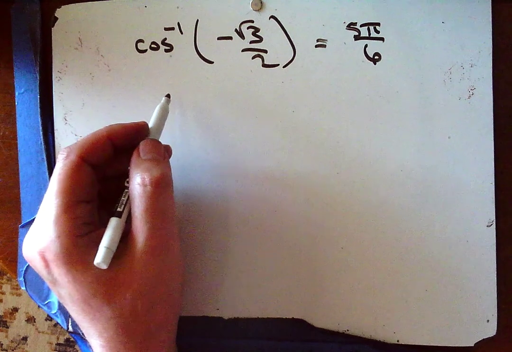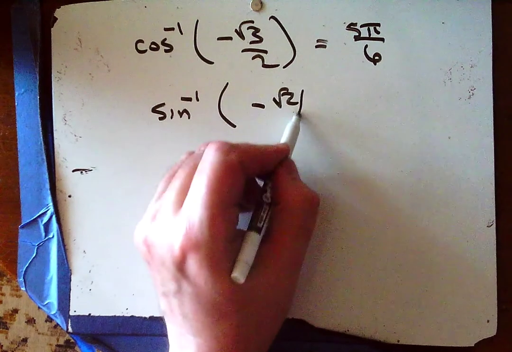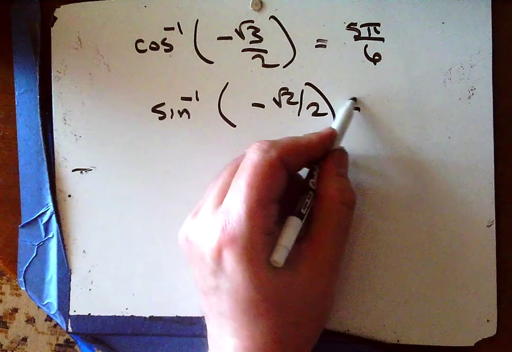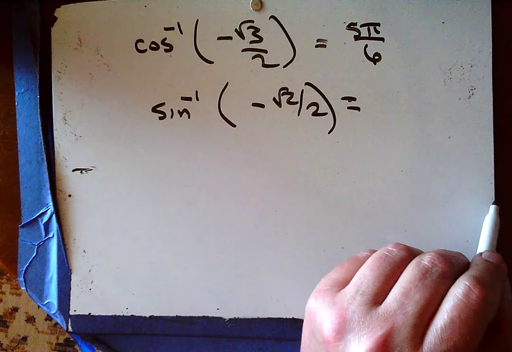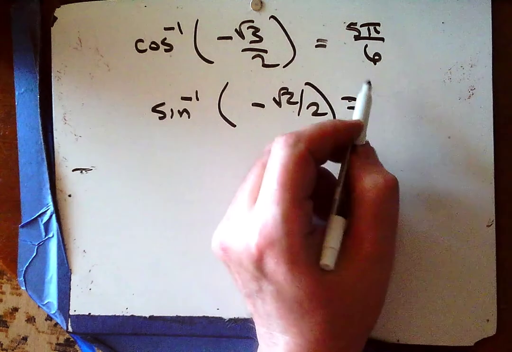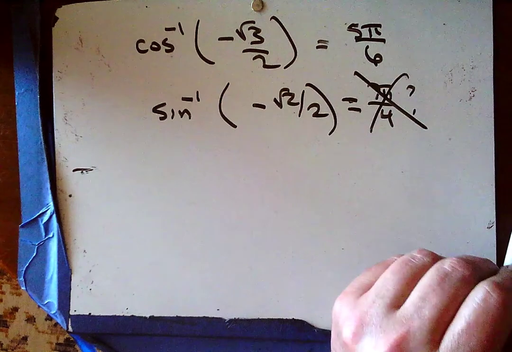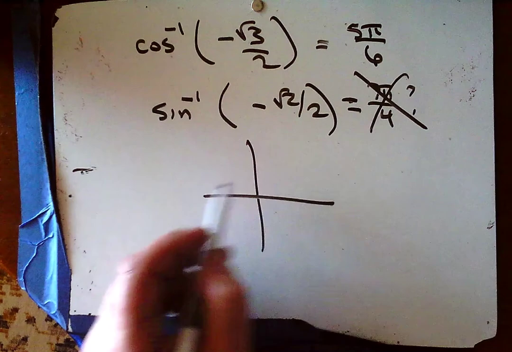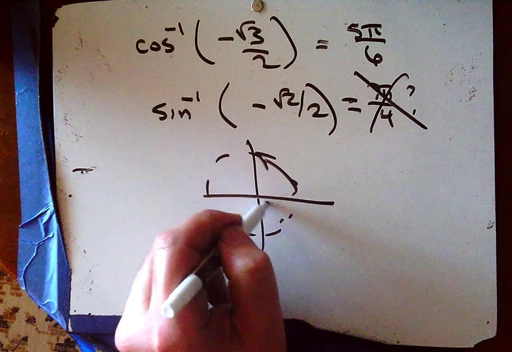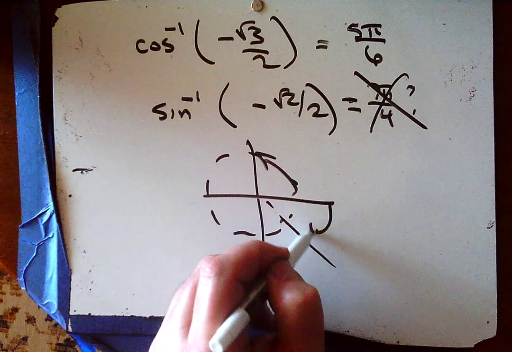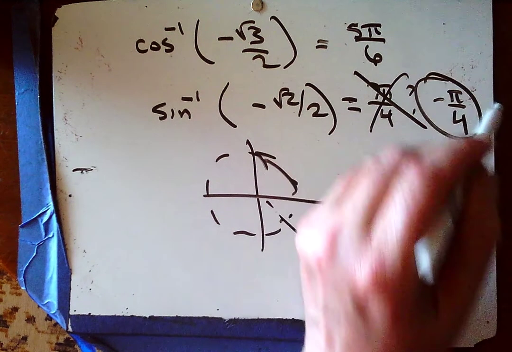How about sine inverse of negative root 2 over 2? 5, 4, 3, 2, 1. Did you say 7 pi over 4? I hope not, because that's wrong. Remember, we can't get past pi over 2, so how could you possibly get to 7 pi over 4? We need to come from the other direction, so our answer is negative pi over 4 for that.